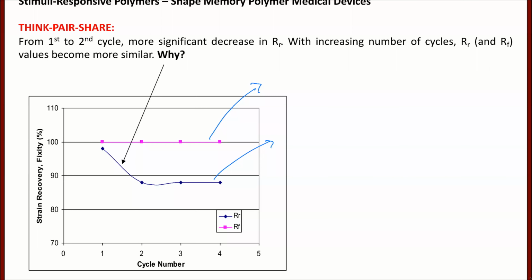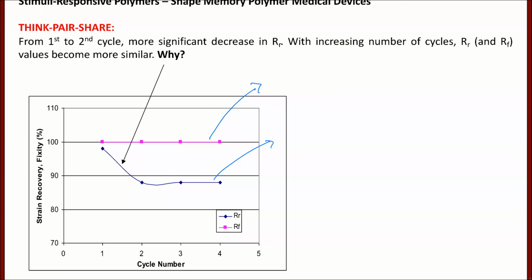Right, so during the first cycle, you're going to experience the most significant molecular reorganization of your polymer chains. So as you saw before, when you stretch those chains out, you're going to experience the largest change in chain orientation in the direction of the applied stress. So that is exactly what I think you said in there.